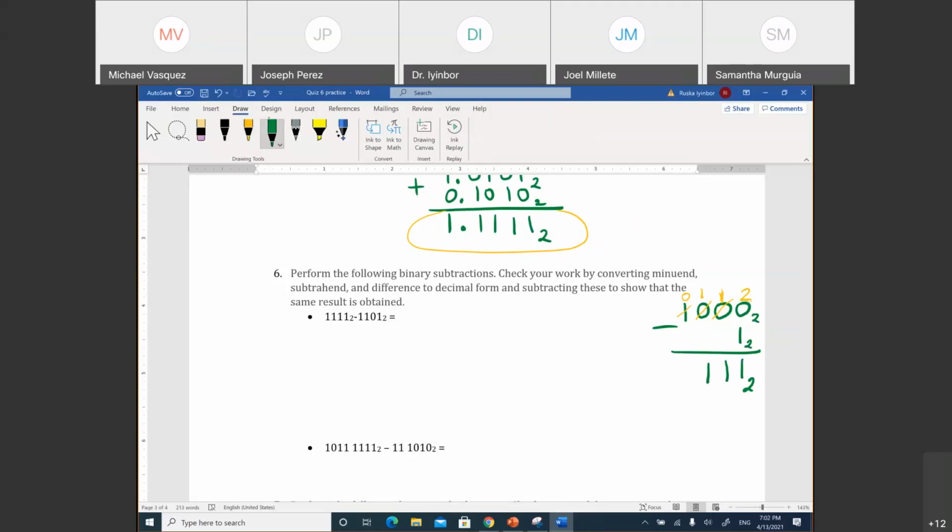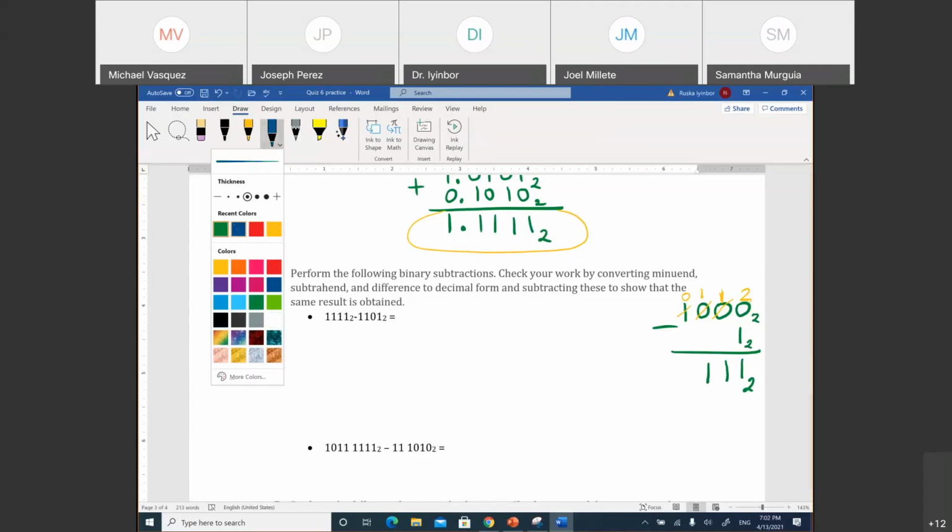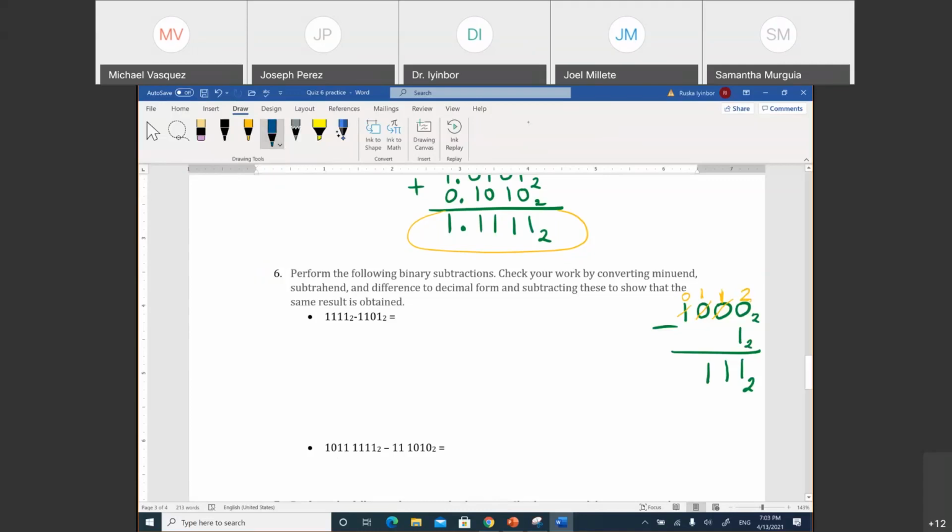So let's go ahead and line up the given examples. So you have to subtract. You're going to line them up. So you subtract 1, 1, 1, 1 minus 1, 1, 0, 1. These are very easy examples, right? We don't have to borrow too much.